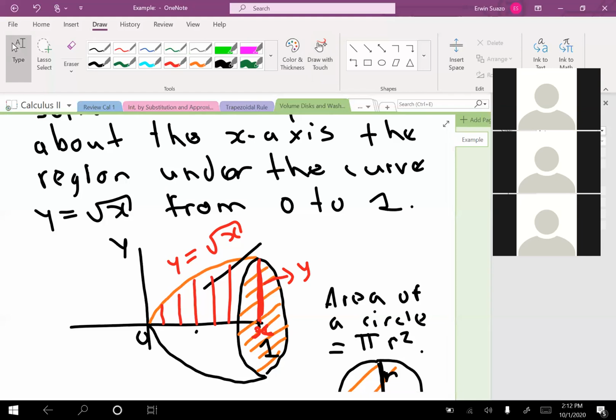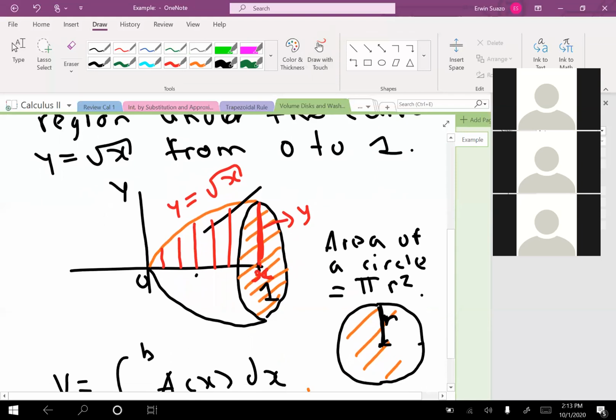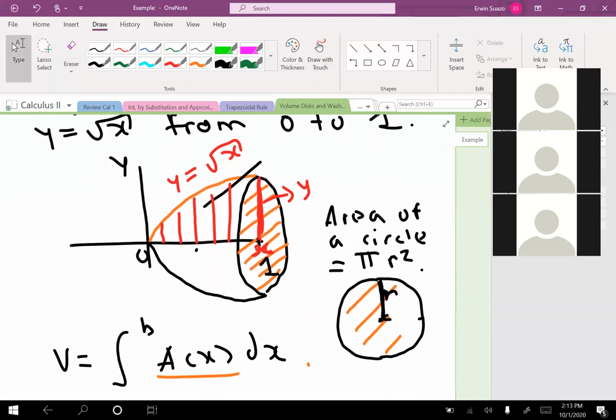So your radius, and most of the time it's going to be just y. For this kind of exercise, it's easy to see that this r is actually y, right? And that's why you can cut anywhere, because it doesn't matter what x you choose, the formula is the same, okay?